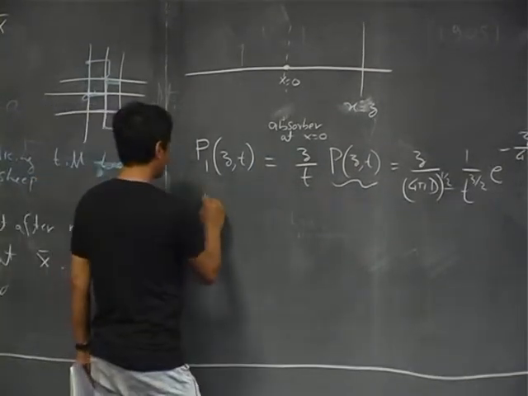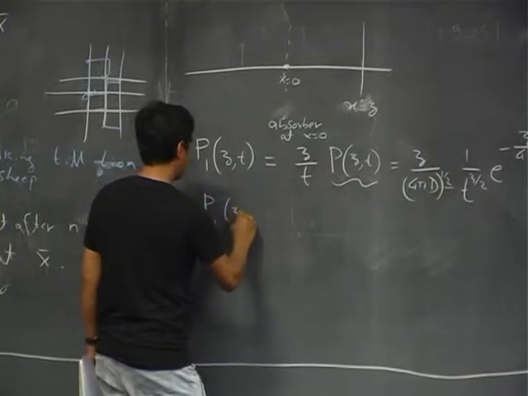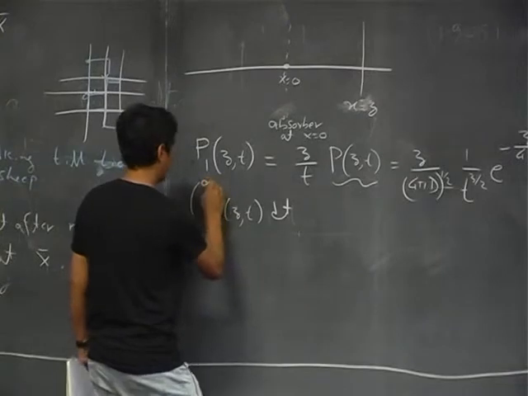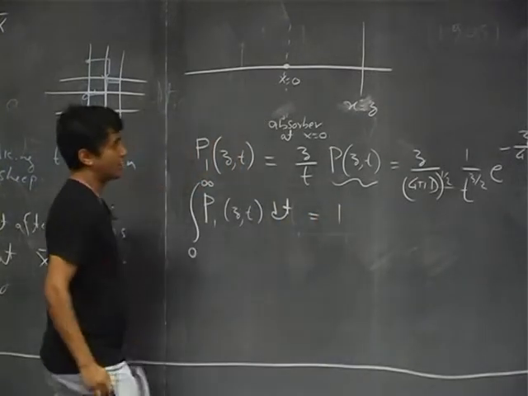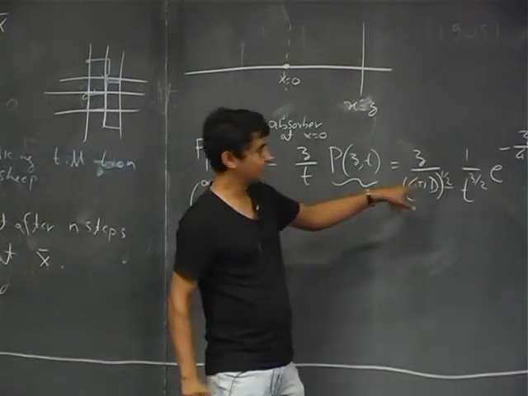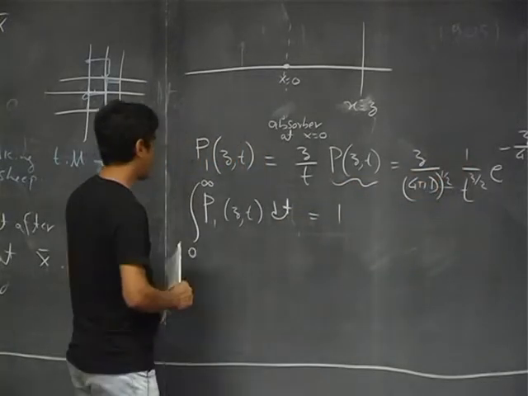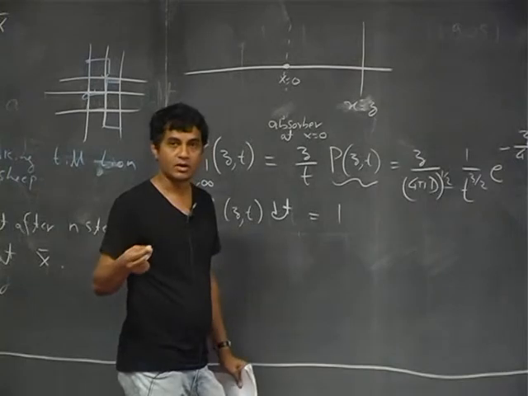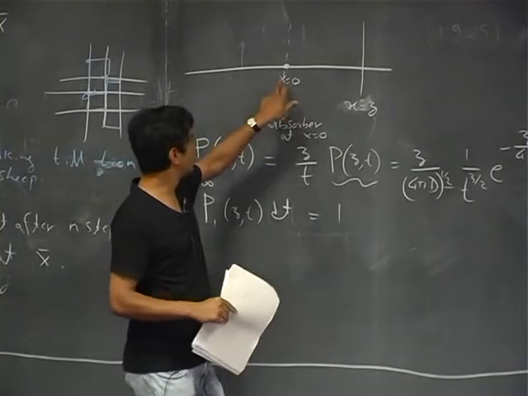But this one, the integral of P1, is equal to 1. That's something you should verify, which basically means that the walker will eventually visit this point.